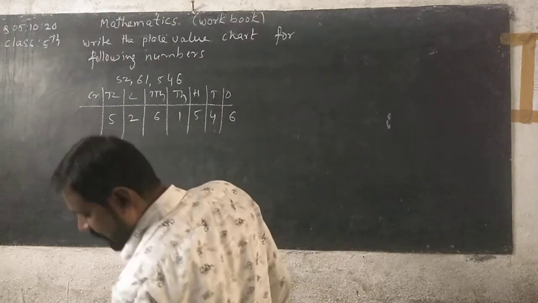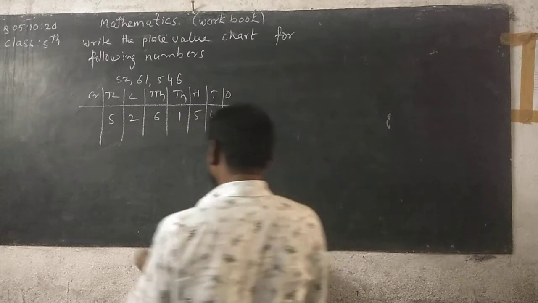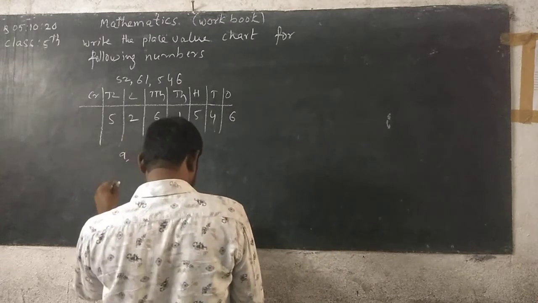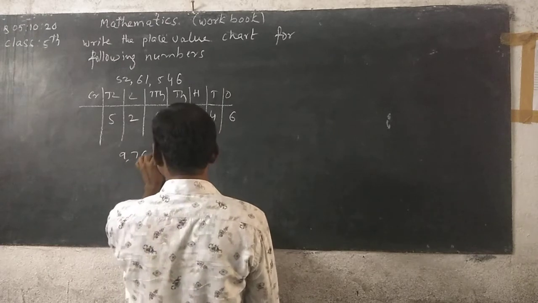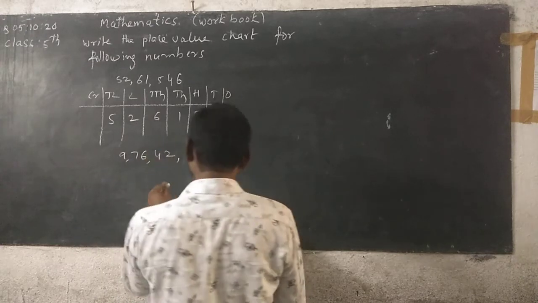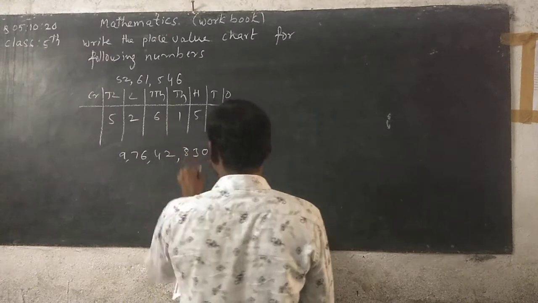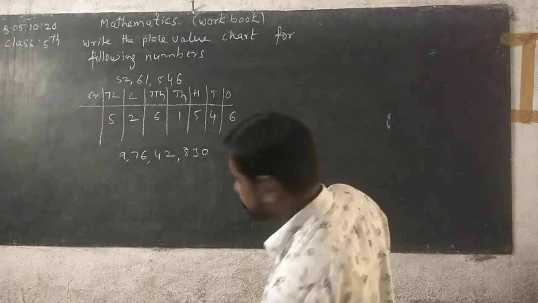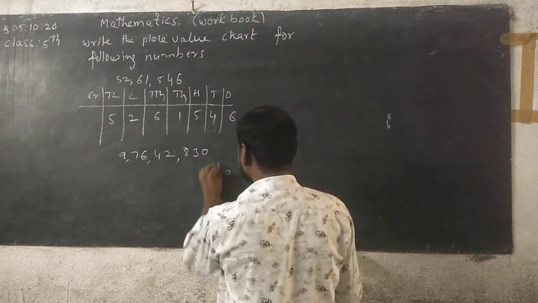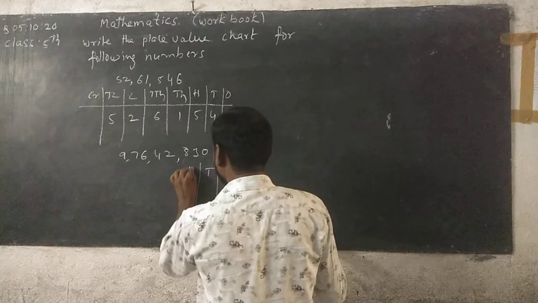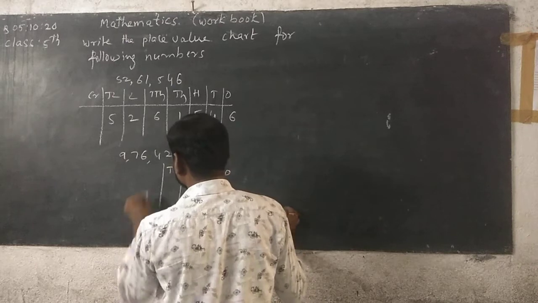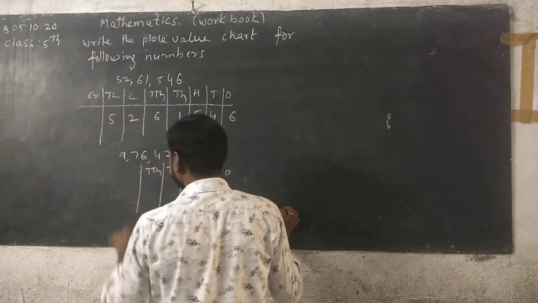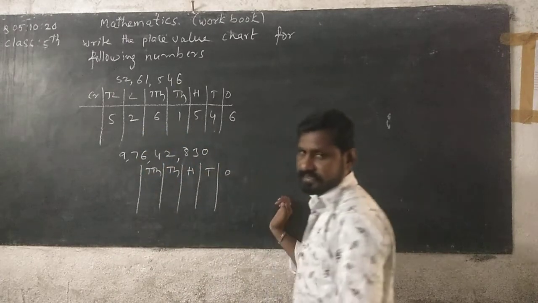Now next, 9 crore 76 lakh 42,830. See here, ones, tens, hundreds, 1,000, 10,000. You can write directly in your workbook.